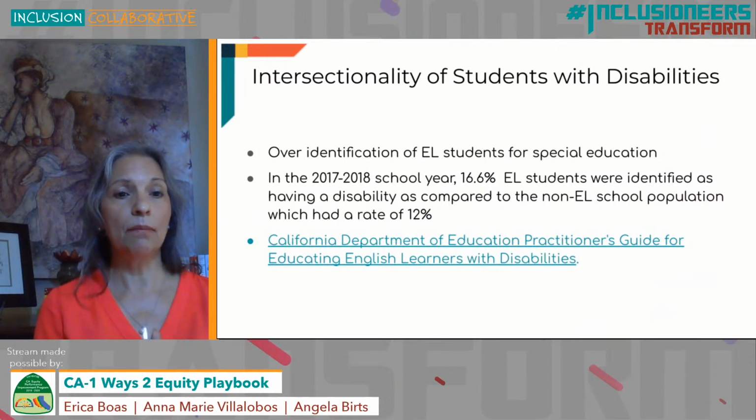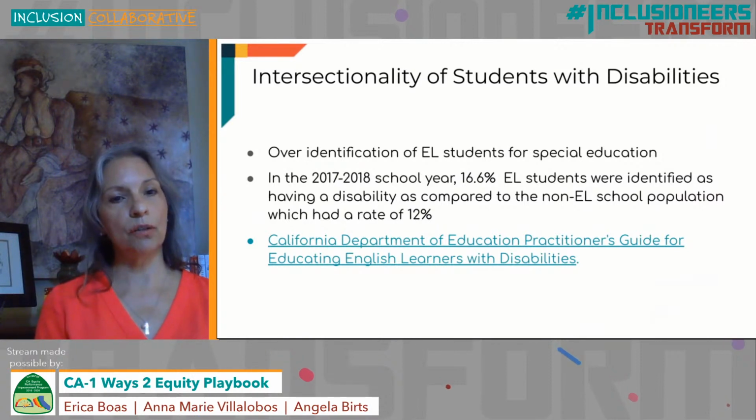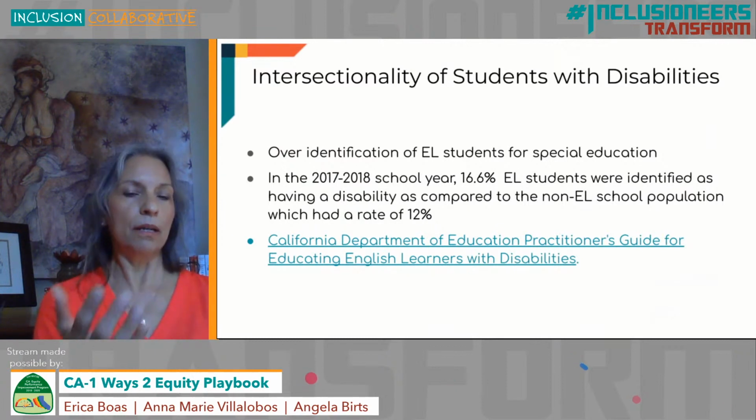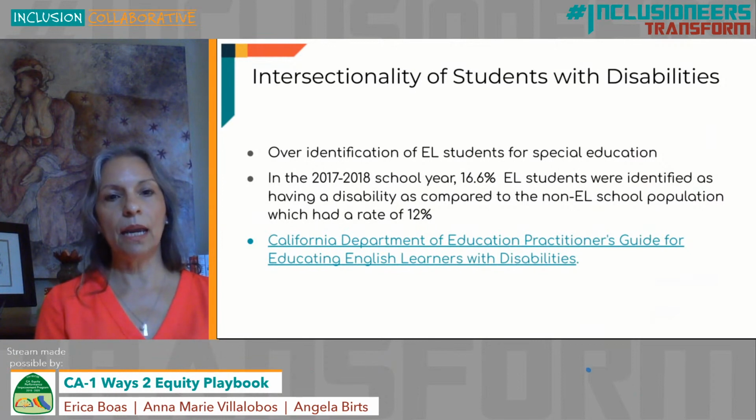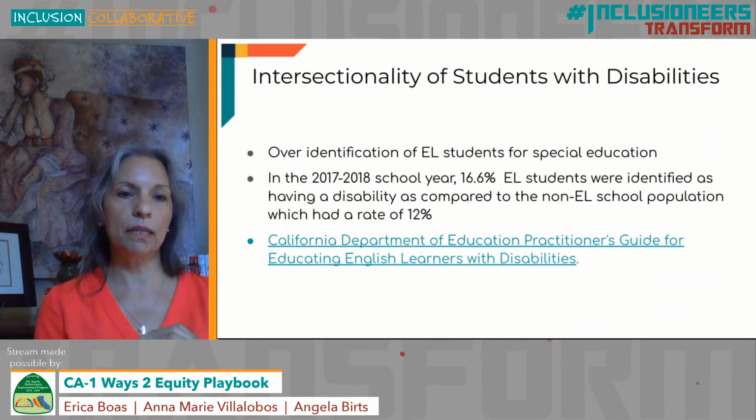And a lot of times there are confusing factors with the identification of students who are acquiring a second language because the acquisition of a second language often mirrors what a student may have if they have a disability. So to address that, the California Department of Education has created a very useful practitioner's guide for educating English language learners with disabilities.